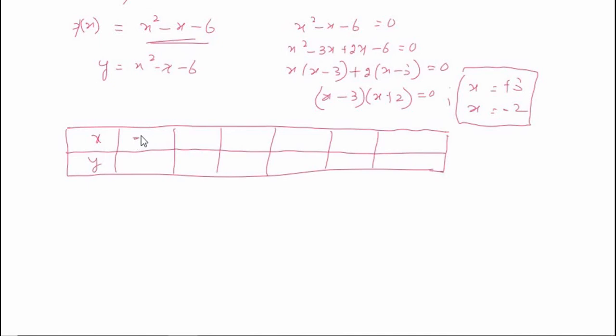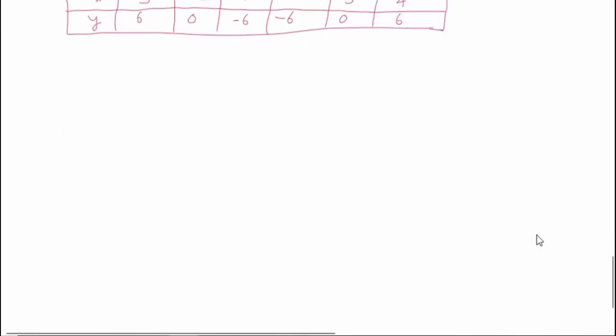So when x is equal to minus 3, y becomes 6. When x is equal to minus 2, y becomes 0. When x is equal to 0, y becomes minus 6. When x is equal to 1, then also it is minus 6. When x is equal to 3, then y equal to 0. And when x is equal to 4, y is equal to 6. Now let us try to plot this one.